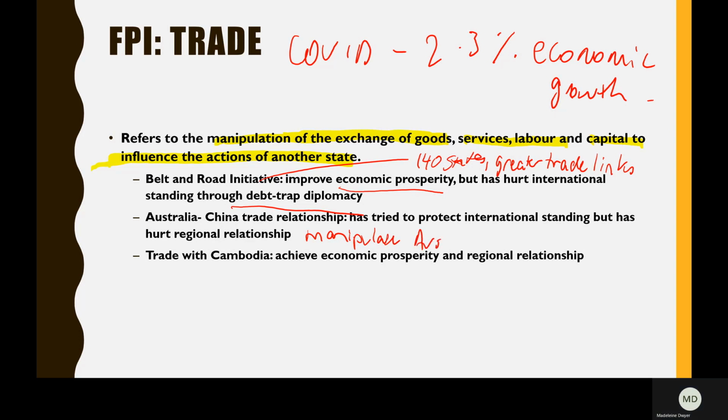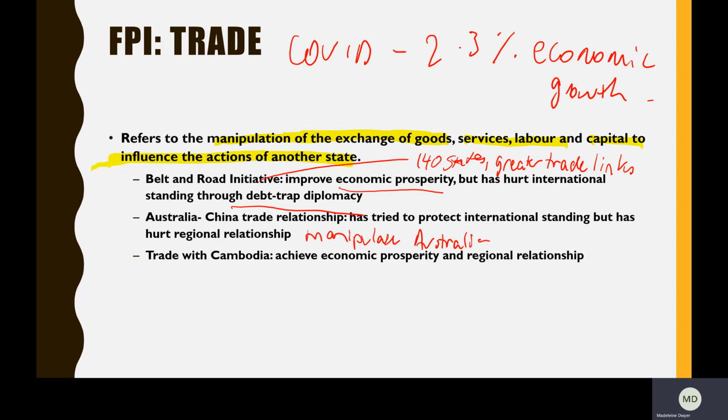So what we saw here was that because Australia asked for an inquiry into the origins of COVID, and also because Australia has banned Huawei from the 5G network, China responded by issuing 14 grievances. So 14 reasons why they won't be working with Australia anymore.